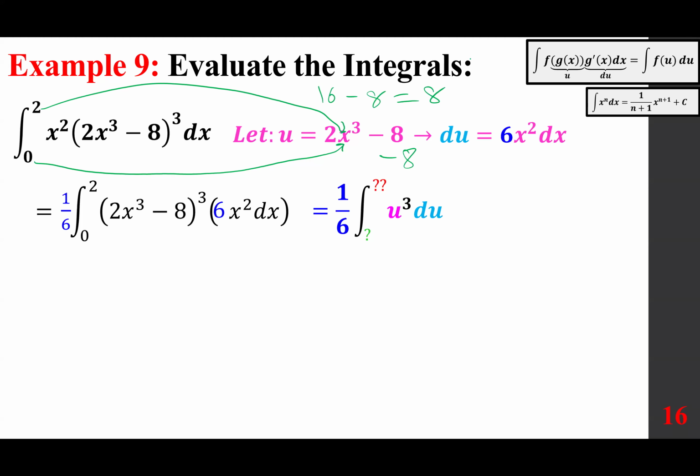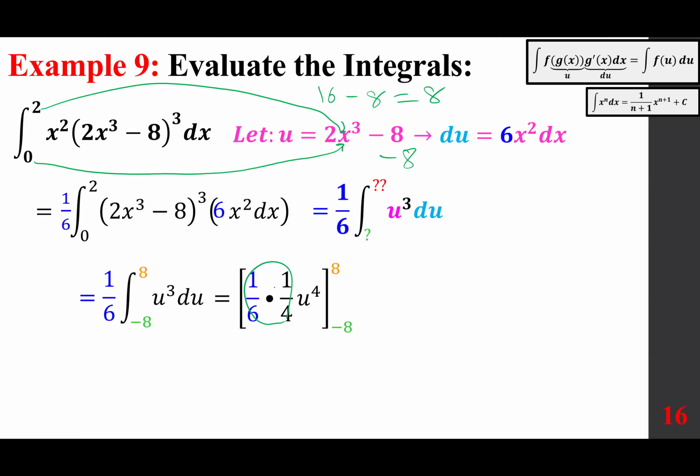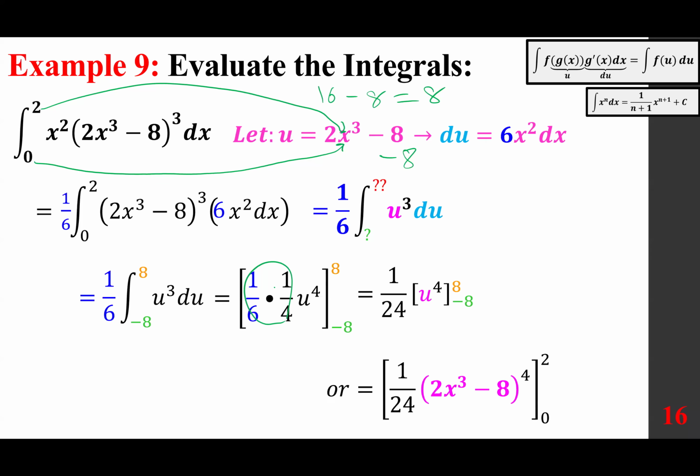That's the upper limit. So 1/6, the integral of negative 8 to 8, u cubed du. Obviously, the antiderivative of u cubed is 1/4 u to the power of 4, and the product of these two is 1/24. We keep it out. Or we can go to the original one.